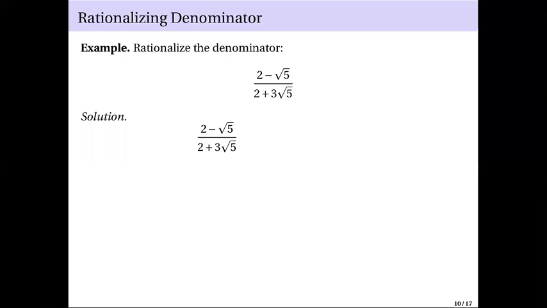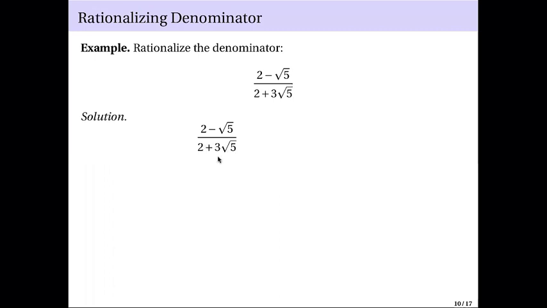Now, suppose we have this: 2 minus square root of 5 over 2 plus 3 square root of 5. In the denominator, we have square root of 5. So there's a radical. But furthermore, your denominator is a sum.